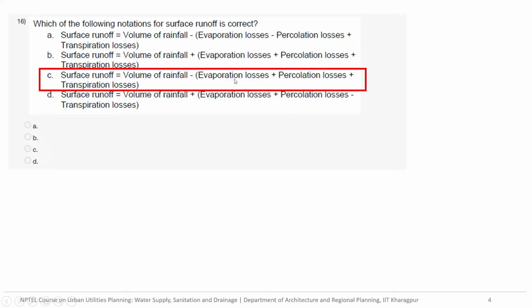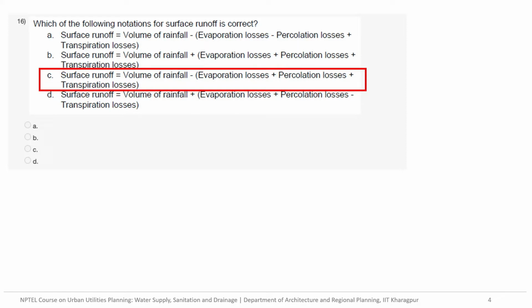So all the water that is falling on the surface during a spell of rainfall, and then you take away the amount of water that is not going to be running towards a stream or a lake, which would include losses due to evaporation of the water, losses due to water seeping through the ground or percolating through the groundwater, as well as transpiration losses, which is water absorbed by the soil and taken in by the plants or trees, and then the process of transpiration includes these plants and trees letting the water out into the atmosphere again.